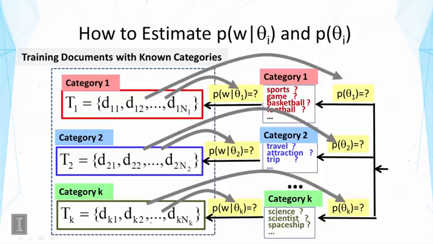So think for a moment, how do you use all these training data, including all these documents that are known to be in these K categories, to estimate all these parameters? Now, if you spend some time to think about this, it would help you understand the following few slides. So do spend some time to make sure that you can try to solve this problem, or do your best to solve the problem yourself.